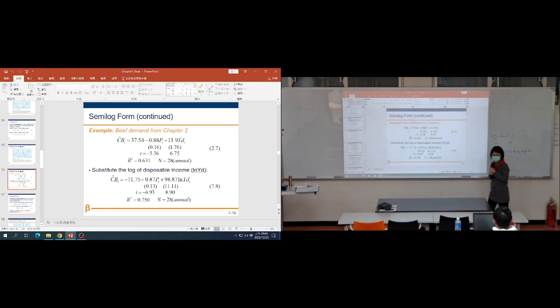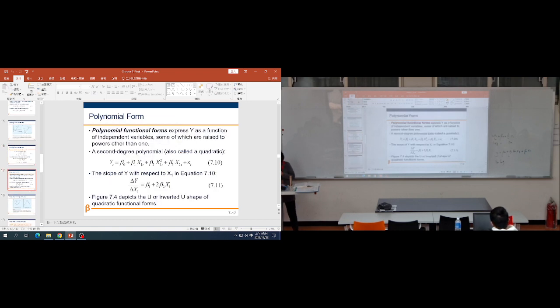All right. Then the last one is the polynomial form. Okay, look at this one. So here, I have x1 as the level form, and the other one is the square term.